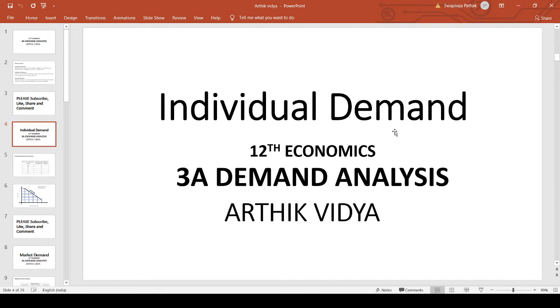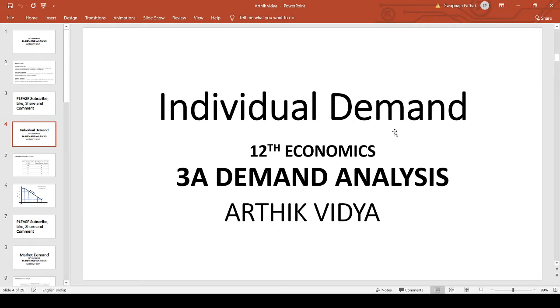Individual demand schedule is a tabular representation. Individual demand schedule is a tabular representation showing different quantities of commodities that an individual consumer is prepared to buy at various prices over a given period of time.